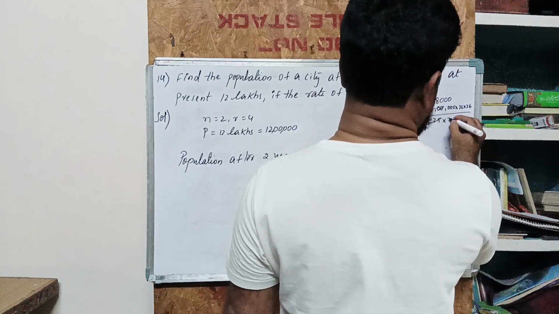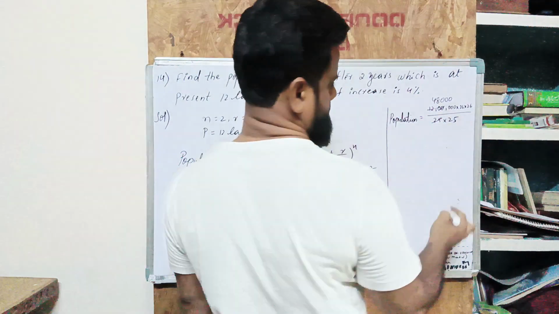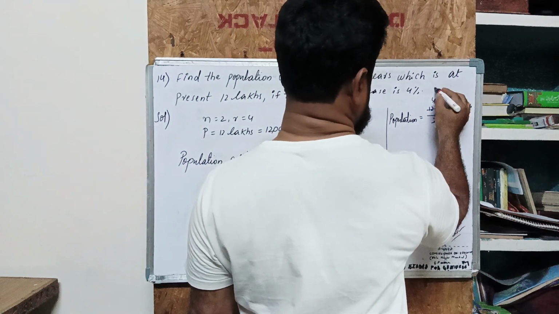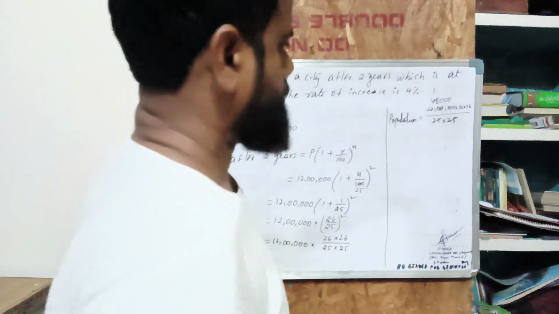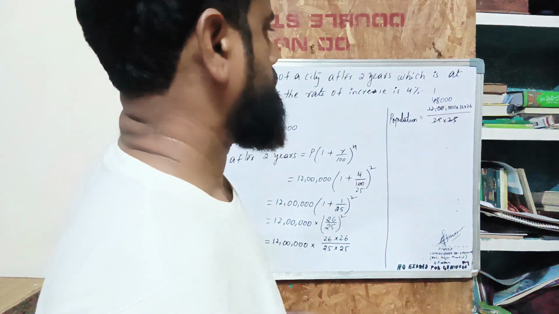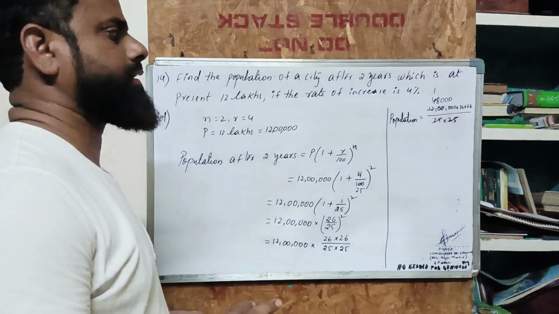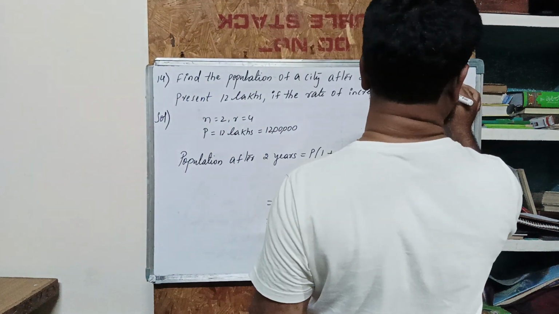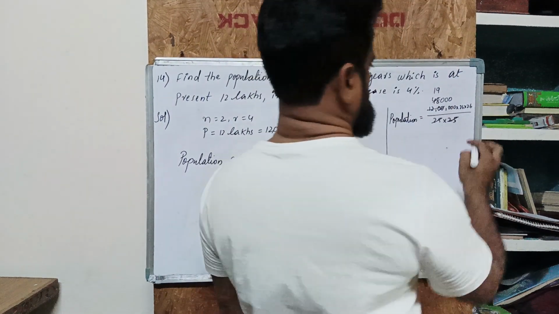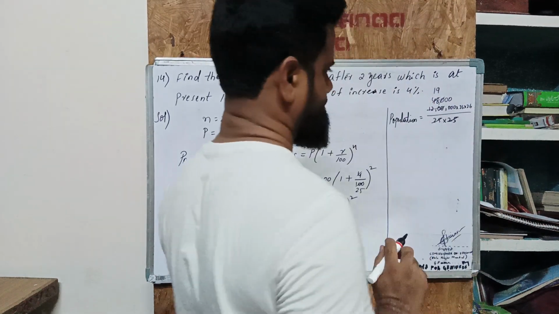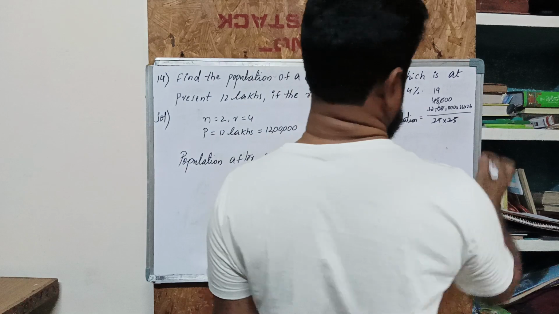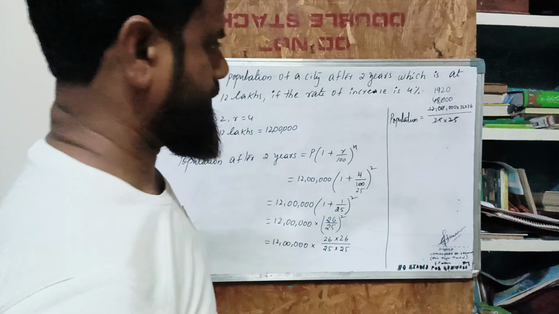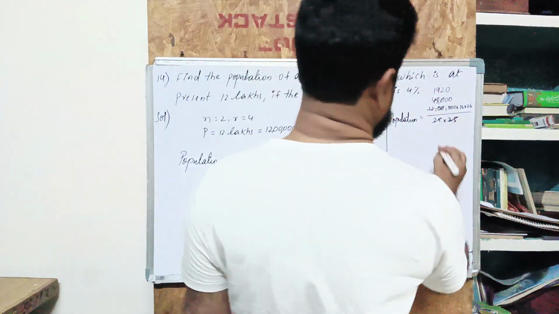Now with the other 25 also we are going to cancel it. 25 ones are 25, 48 minus 25 is 23. 23 and 0 makes 230. So 25 nines are 225. Again 5 remains. 5 and 0 makes 50. So 2 and 0 as it is. So 1920 it is coming.